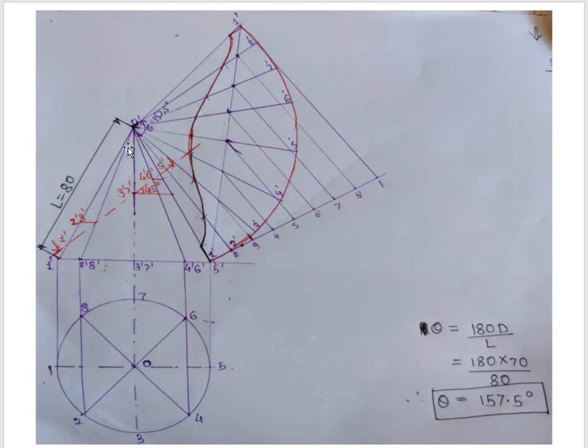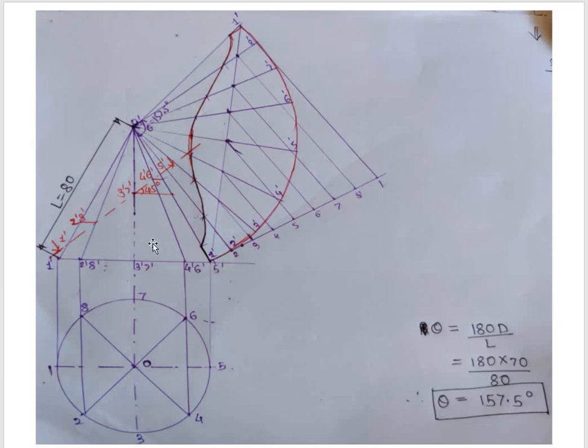The other generators, O' 2', O' 8', then O' 4', O' 6', are not the true length. So here you have to do one thing: simply transfer these points up to the true length point. Whatever 2', 8', simply transfer horizontally up to the true length point. Again here 3', 7', again 4', 6', and this 5' is already on the true length.